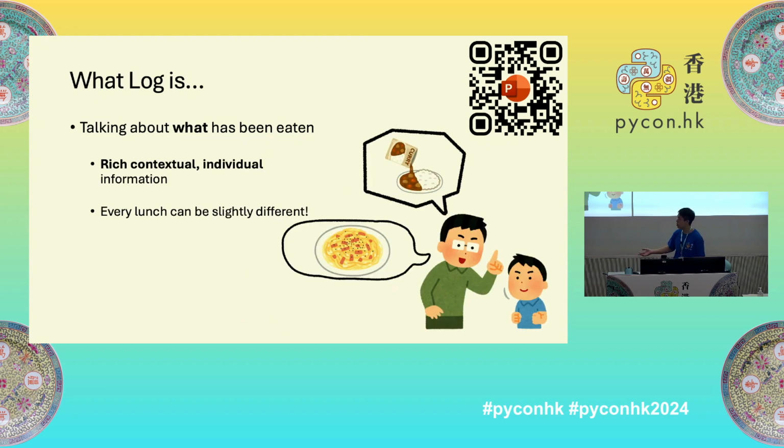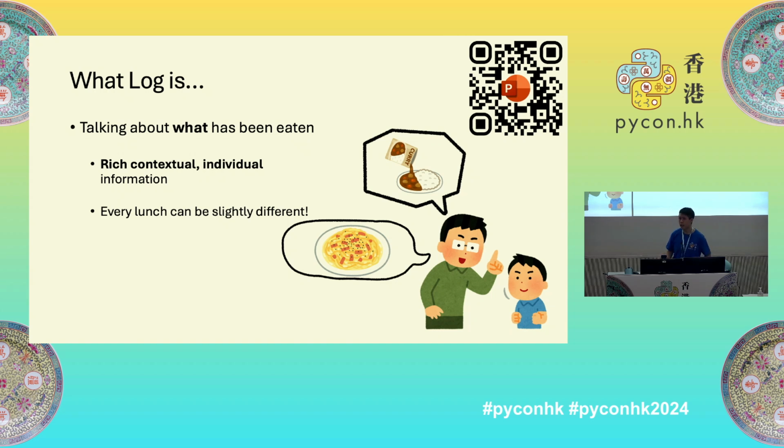So what a log actually is, is like the guy talking about what has been eaten. He can say in detail, like, I have a bag of curry and it is on the rice, or he had a plate of pasta. In some sense, a log has rich and contextual information.